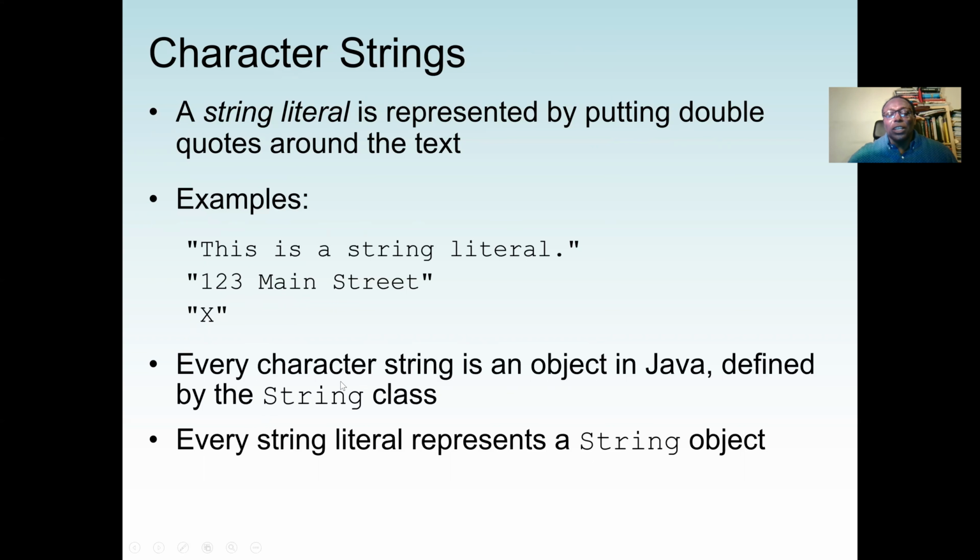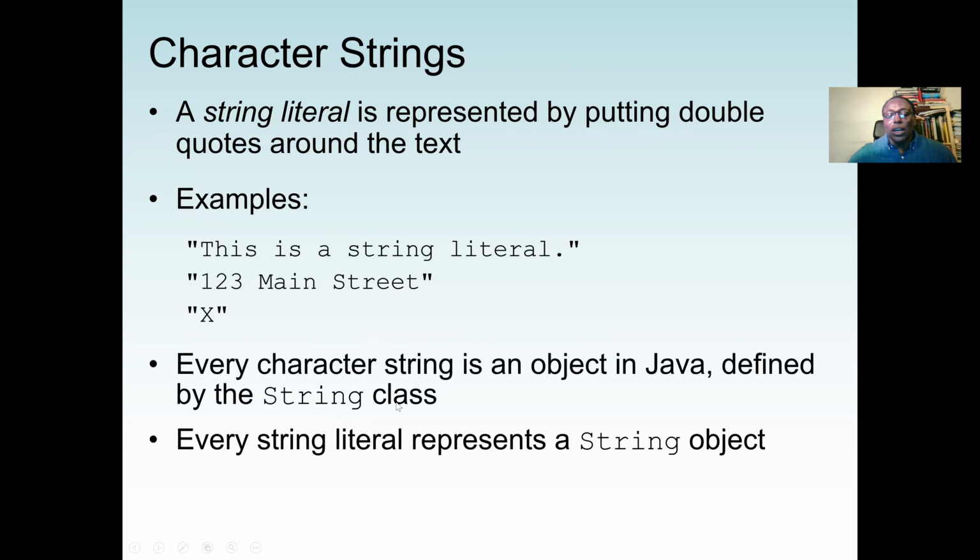So here we say every character string is an object in Java defined by the String class. So when we declare a data type as a string, that very object, or let's say a variable, becomes an object. We know in object-oriented programming, an object means it can have its own methods that it can use to manipulate the data.